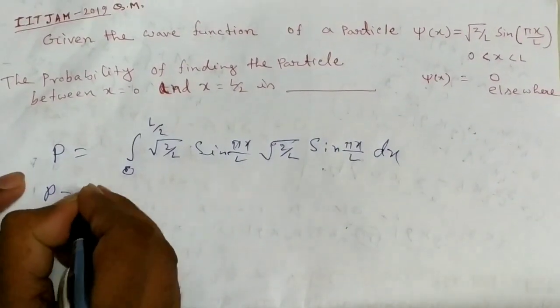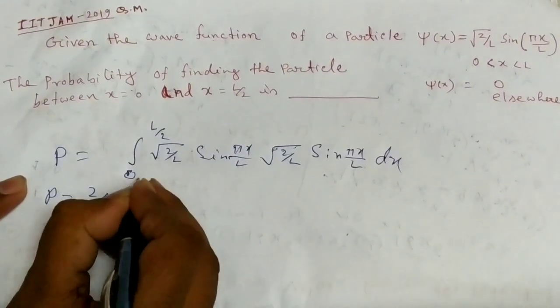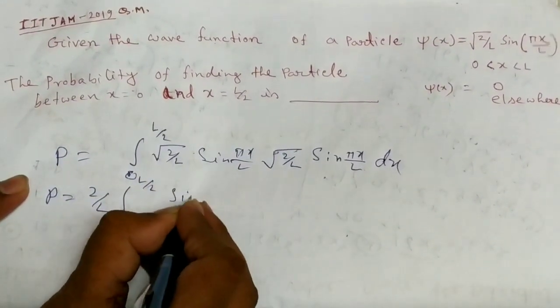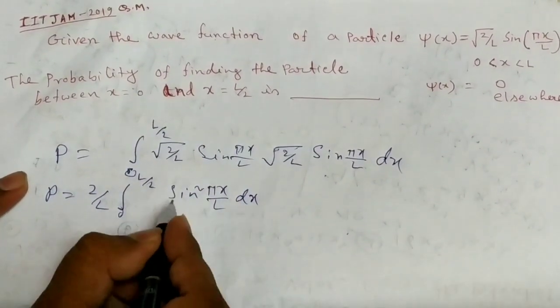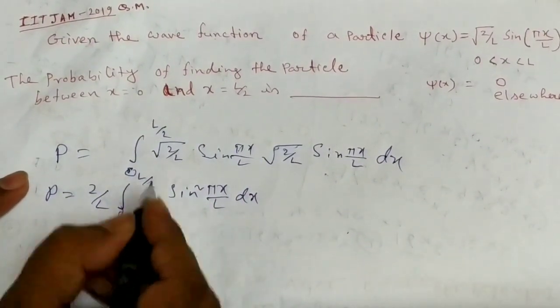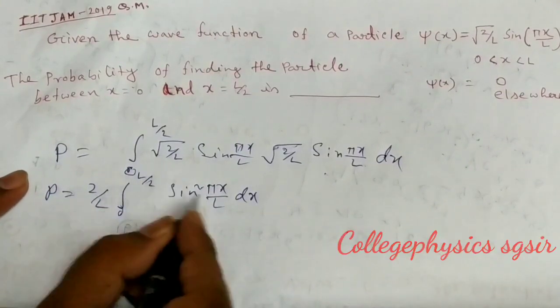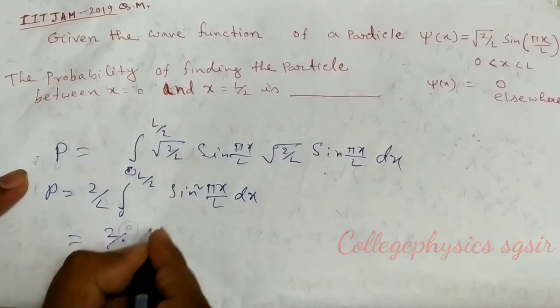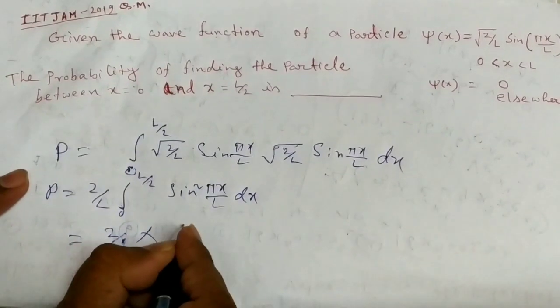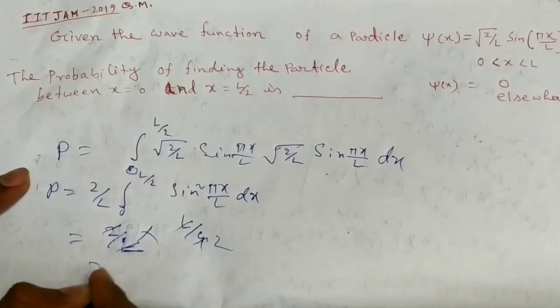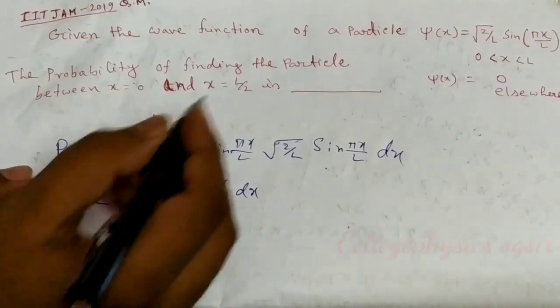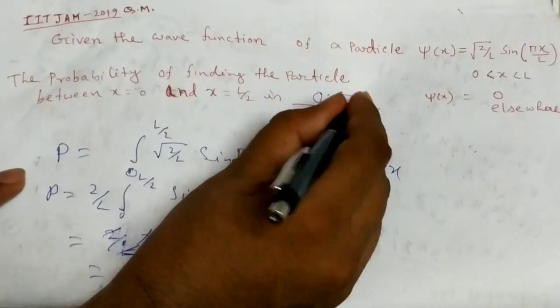So 2 by L common, integral 0 to L by 2 of sin square pi x by L into dx. We know sin square theta is (1 minus cos 2 theta) by 2, and after integrating with the upper limit, the answer is 2 by L into L by 4, 2 cancel to each other, L cancel to each other. So answer is half. So probability is 0.5.